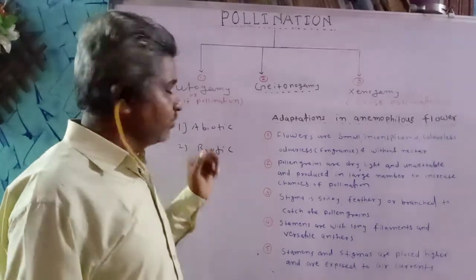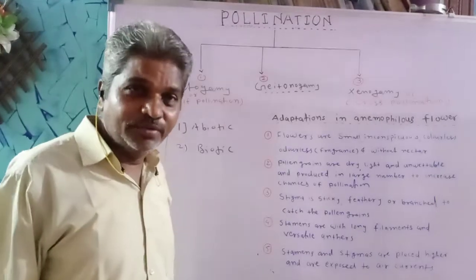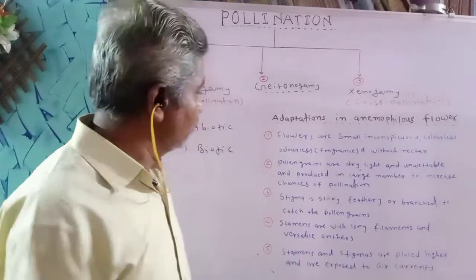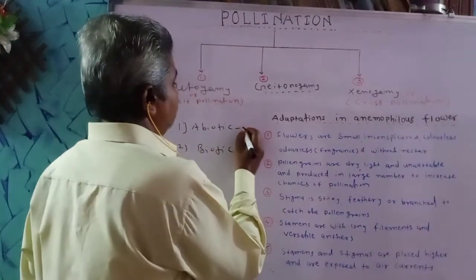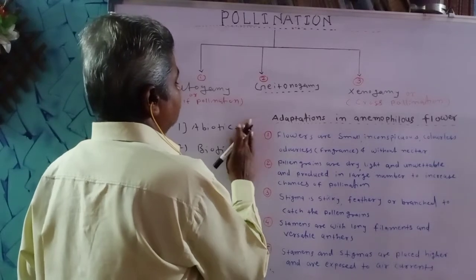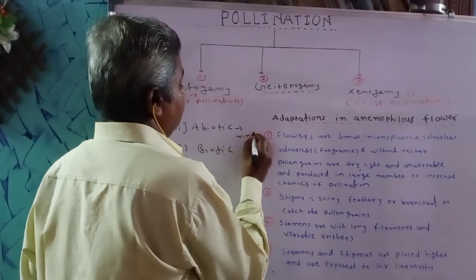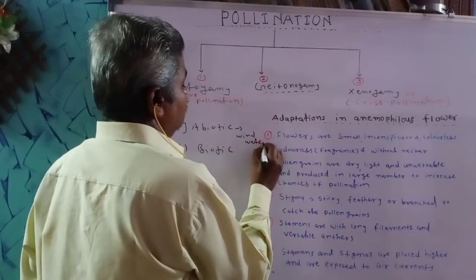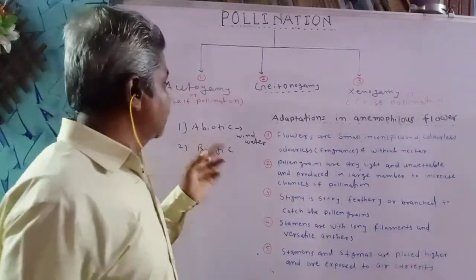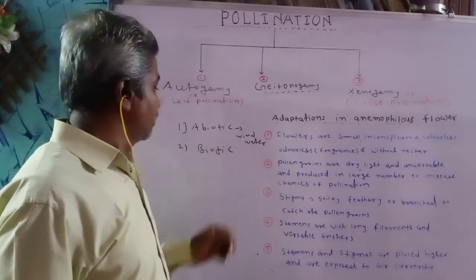When they are non-living, they are abiotic, and when they are living, they are biotic. Non-living agents include wind and water. These are the two abiotic agencies.